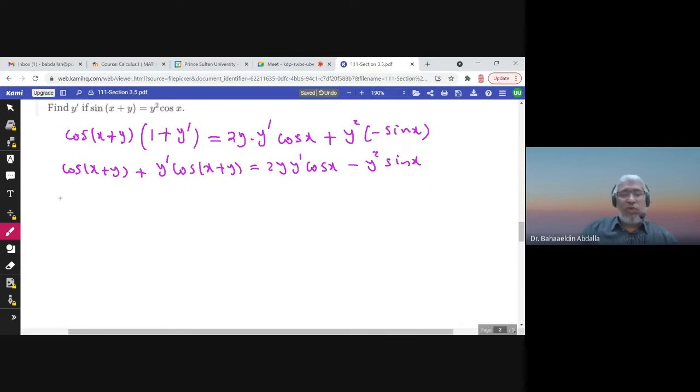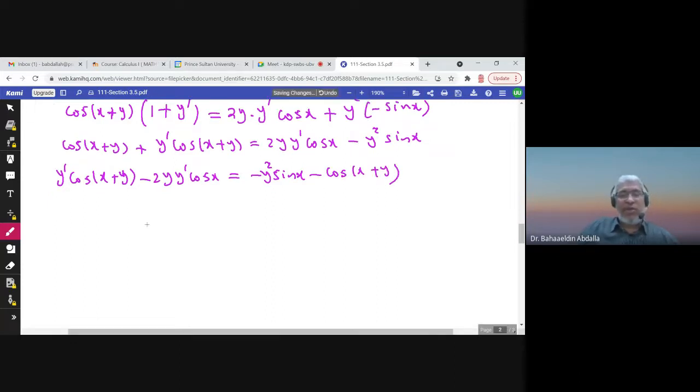So let me keep y prime cosine of x plus y in the left hand side, take this term which has y prime also to the left hand side, keep negative y squared sine of x plus y in the right hand side, and bring cosine of x plus y to this side.